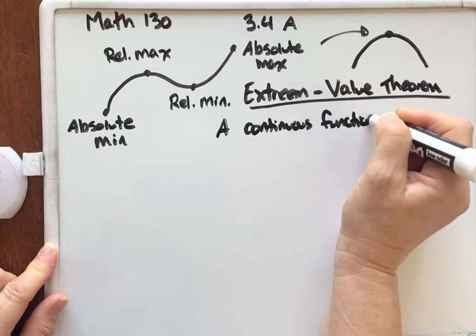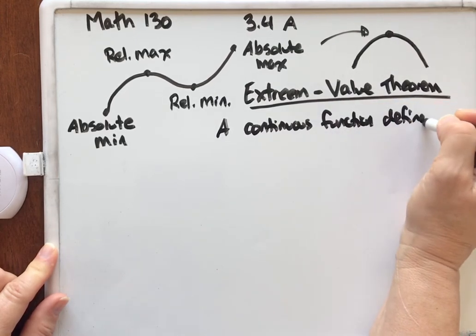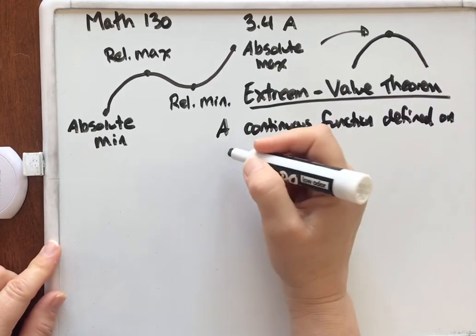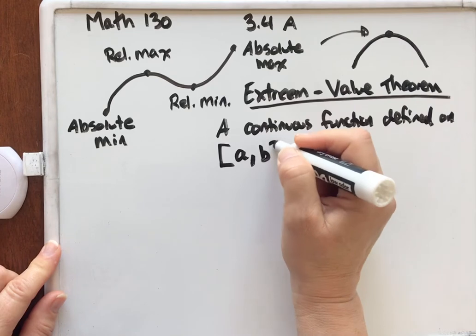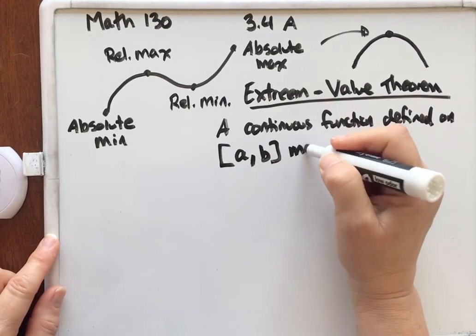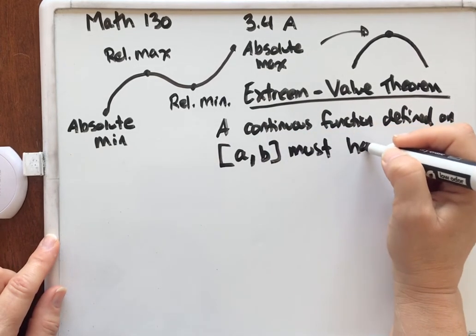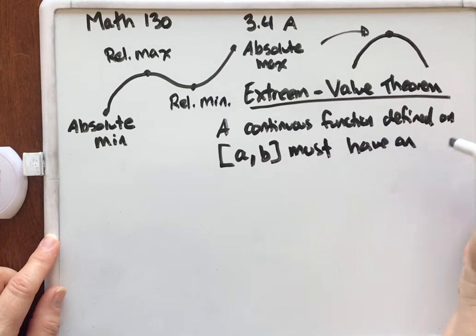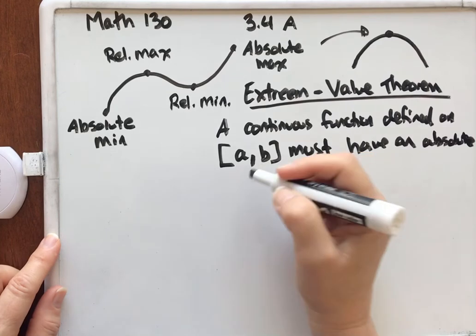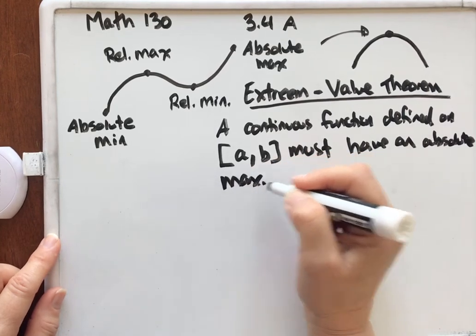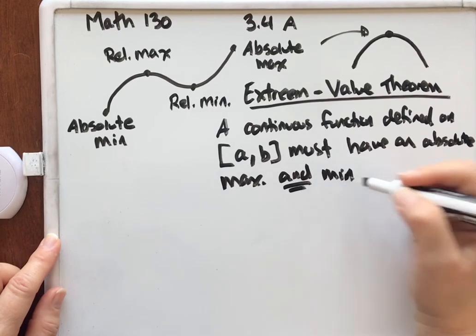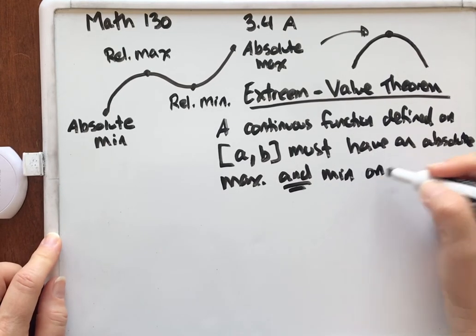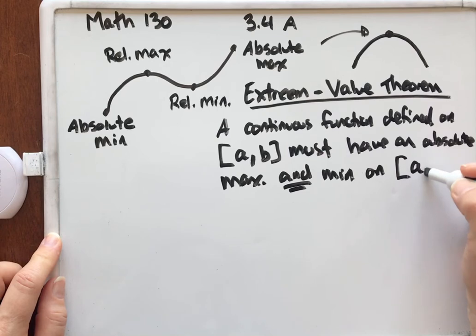function defined on a closed interval from some number a to some number b must have an absolute maximum and minimum on the same closed interval from a to b.